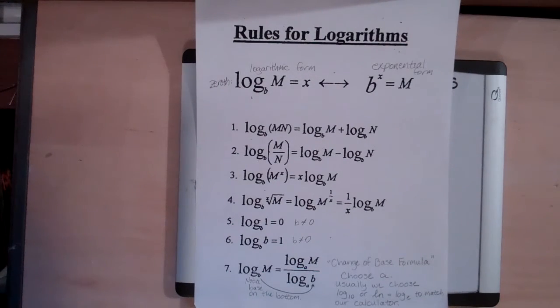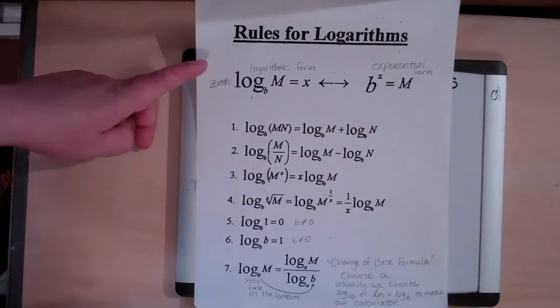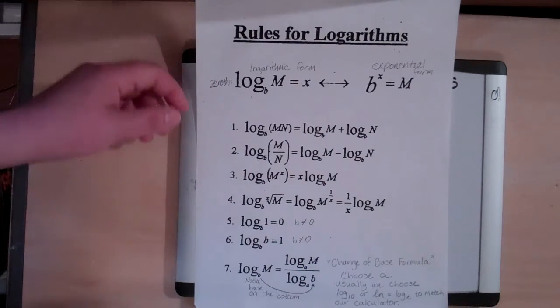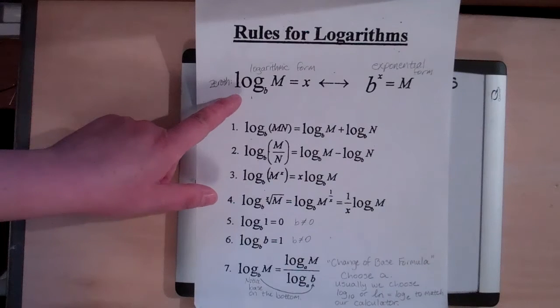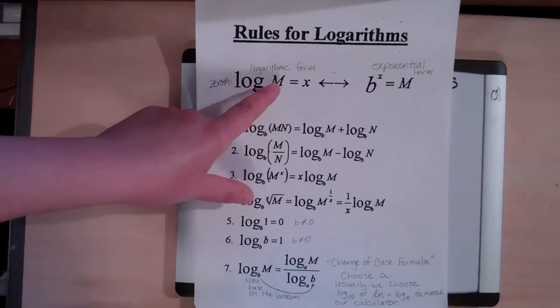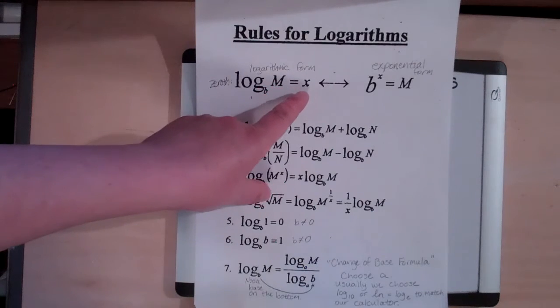Previously, we looked at this sheet of rules for logarithms, and I mentioned that this first line here, I call this the 0th rule. Really, it's a definition, and it tells us that the logarithmic form log with a base b of the number m is equal to x.